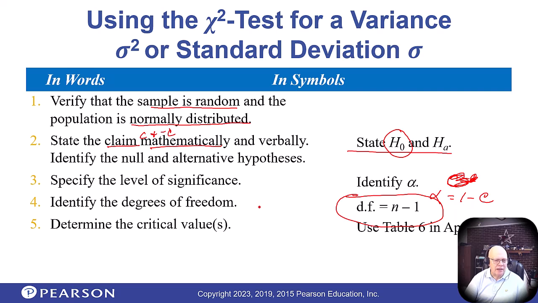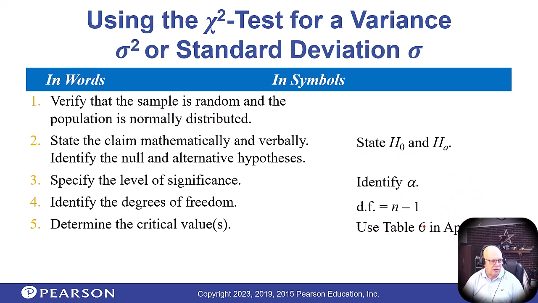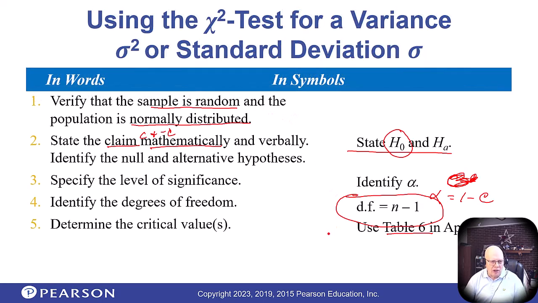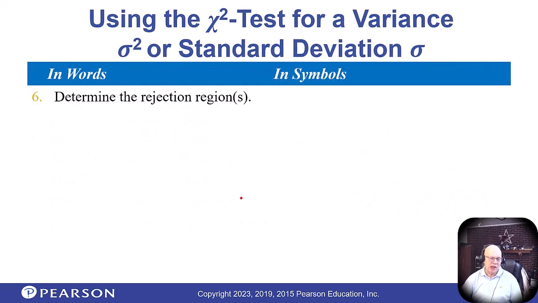Number 5, get the critical value, either table 6 or, if you're very lucky and have a TI Inspire or borrow one, you can find it using that way. But remember, don't jump between table 6 and the TI Inspire because they work opposite from each other. Number 6, where's the rejection region? Remember, you found the critical values because you wanted to figure out what the rejection regions are.